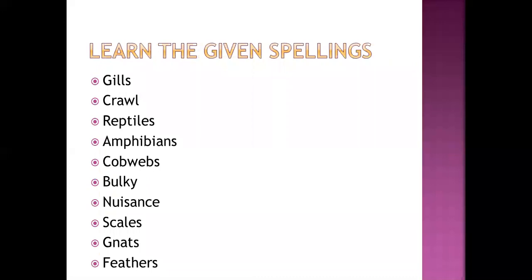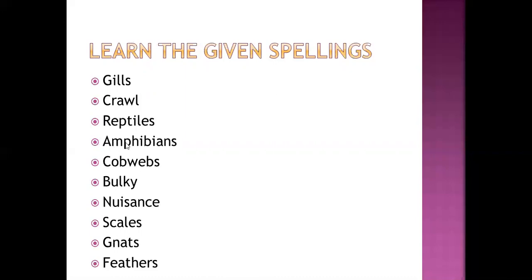So now let's learn a few spellings. I've not given you all the spellings, but a few spellings which you need to learn and even write down in your rucksack. So the first word, gill. Gills, gill. The second word, crawl. Crawl, crawl, a reptile.